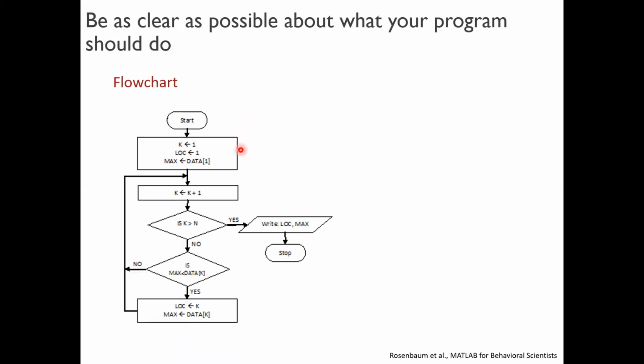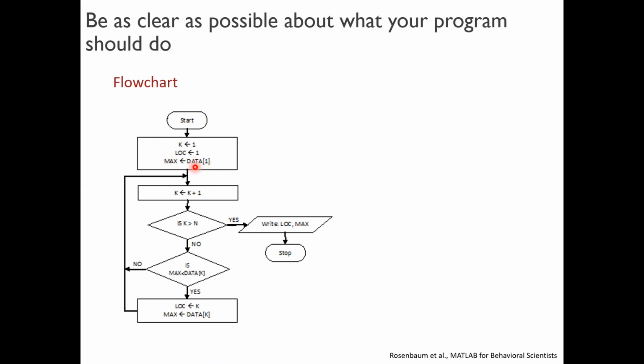First, we have this initialization block here, where we're going to keep a counter, k, and another variable called LOC, or you can think about this as location. Where are you in the list of numbers? Then we're going to initialize this variable max as the first value in my data set. Imagine you have a list of numbers and you're looking for the max.